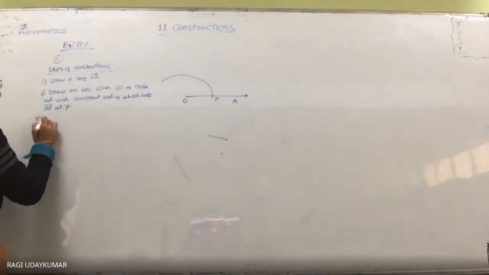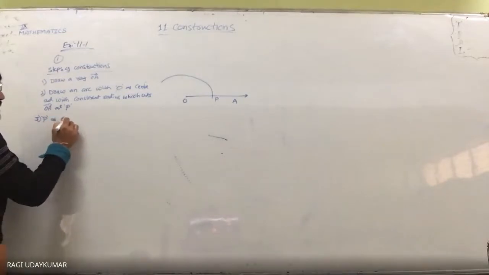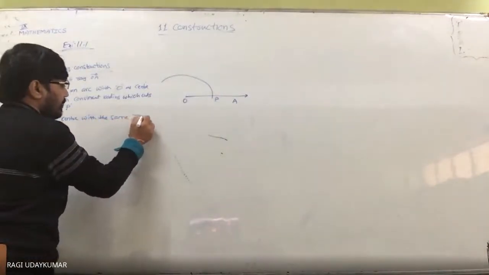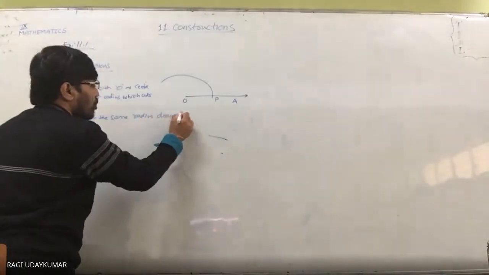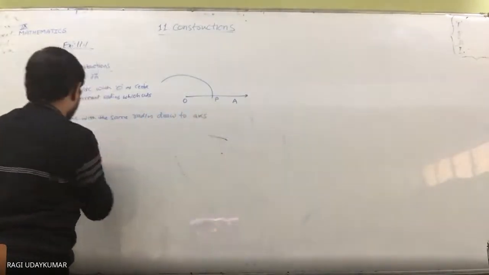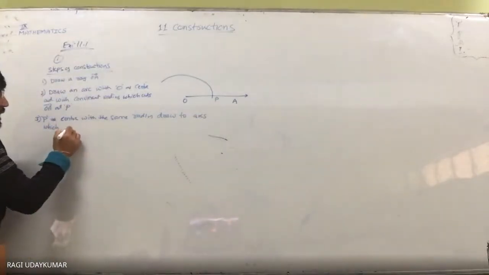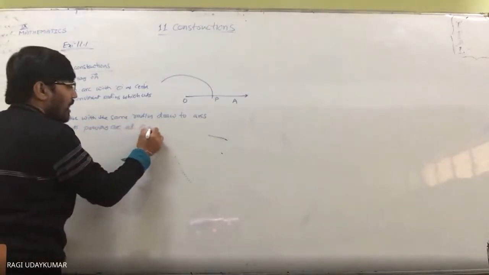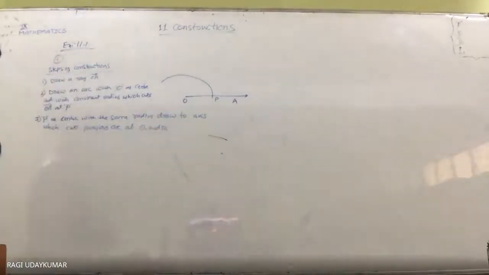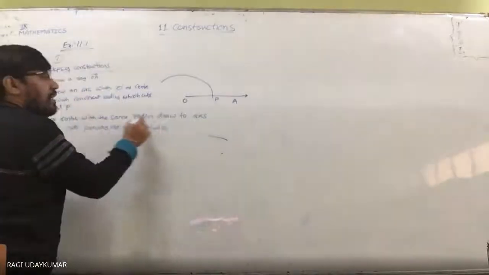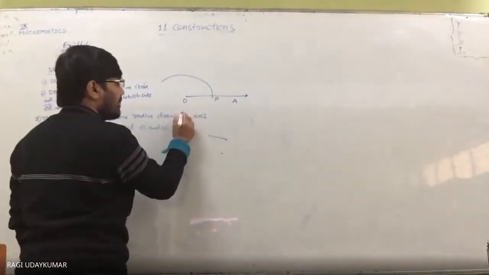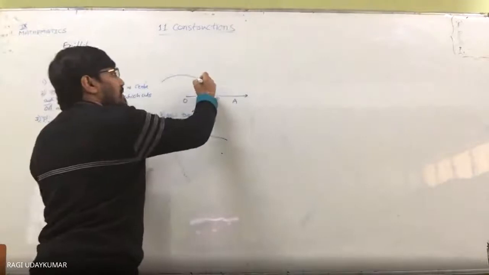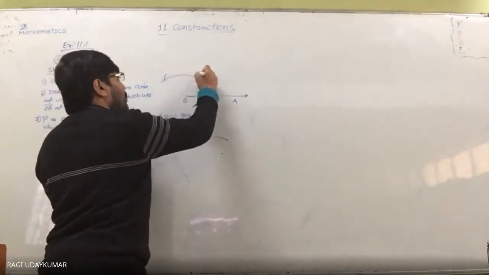Okay, now P as a center with the same radius, draw two arcs which cut the previous arc at Q and R. So from P as a center with the same radius, draw two arcs which cut the previous arc. ये इधर से same radius है, एक Q एक R में touch होगा.